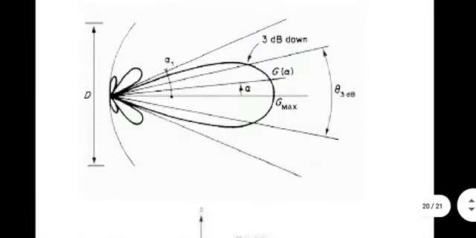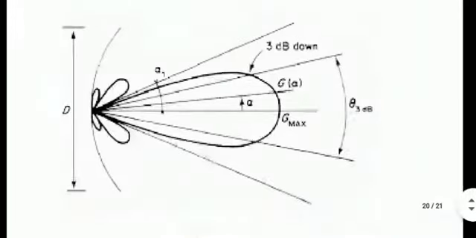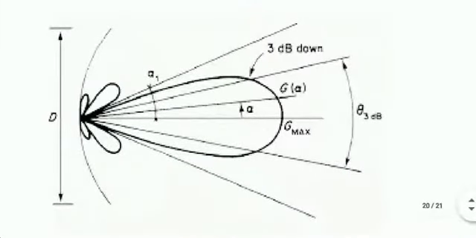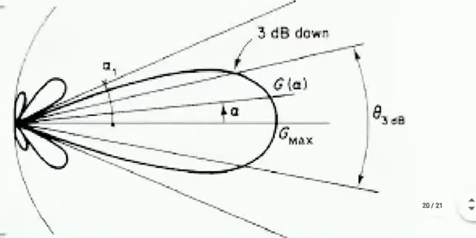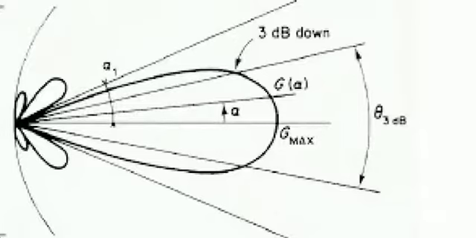Again, the definitions are already with you. I have told you several times. They are given once again here. If the principal maximum is along, say, a direction theta max, then on both sides you'll see some range of theta values over which the magnitude of E is between maximum and maximum divided by square root of 2. So that range is known as theta 3 dB.